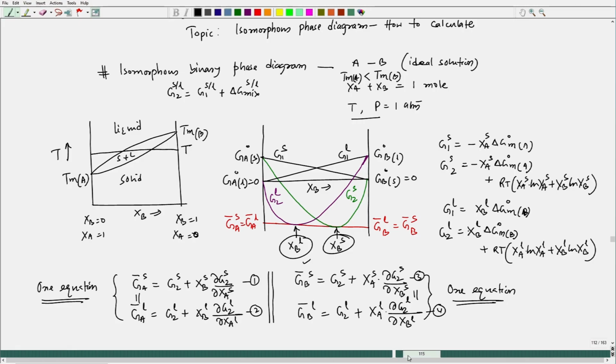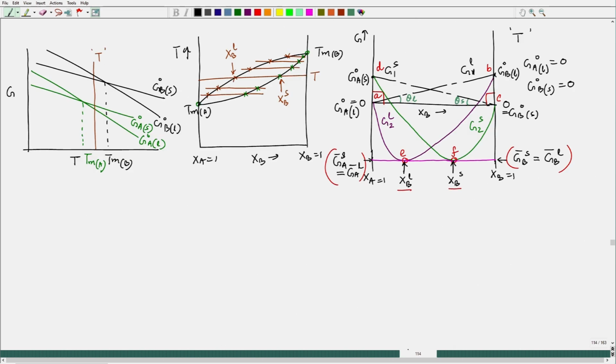And for that, we will check this particular diagram and let us look at, to find out Ga bar solid. First let us find that out.